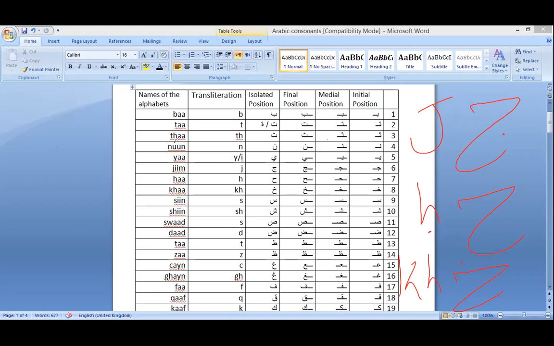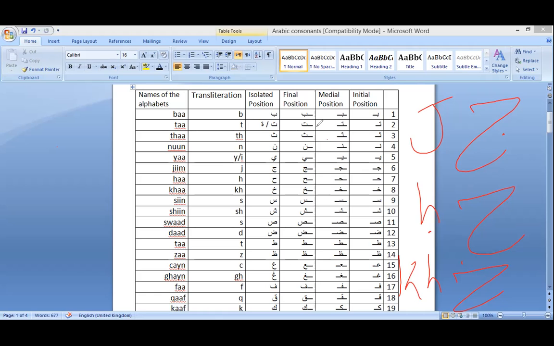So these are group two, and all you need is to check the shape as well as the dots. If you see a letter of this shape that has no dot, it's only ha.